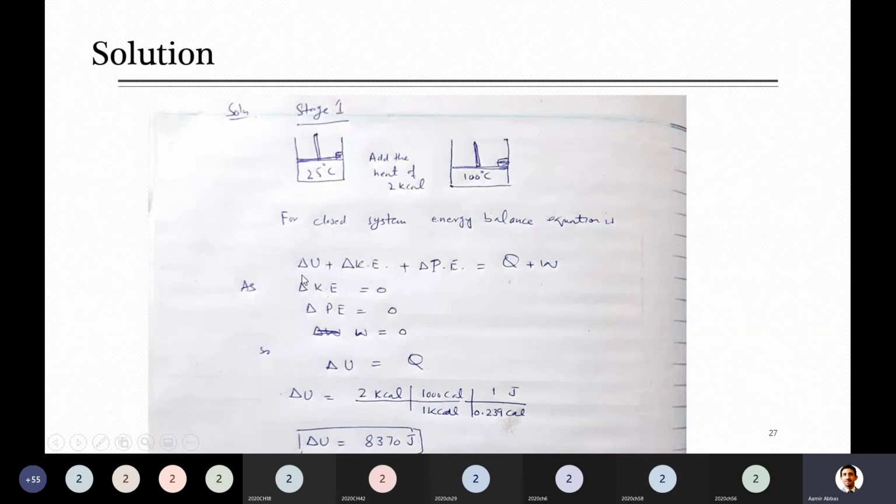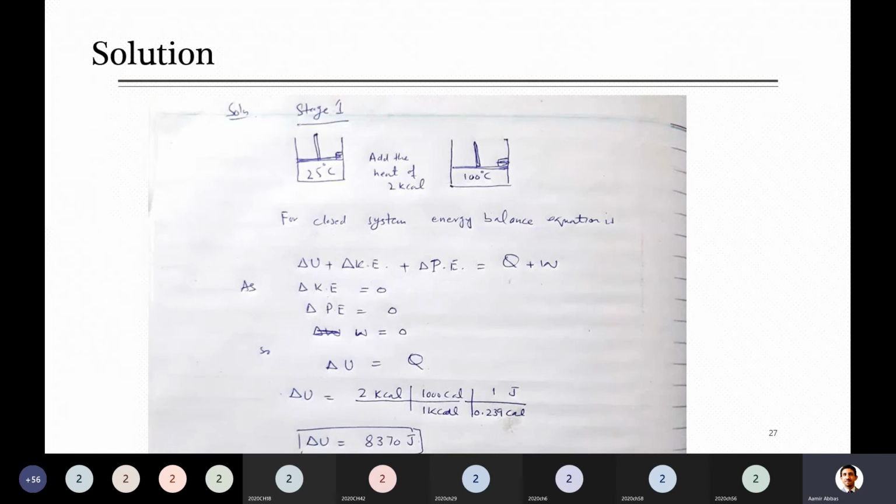I wrote here the general complete equation which we have discussed before this, and that is delta U plus delta KE plus delta PE is equal to Q plus W. And I told you here kinetic energy change will be zero because there is no movement of material. Can anyone tell me what are those conditions in which this change in kinetic and potential energy is zero? Closed system, if you remember.